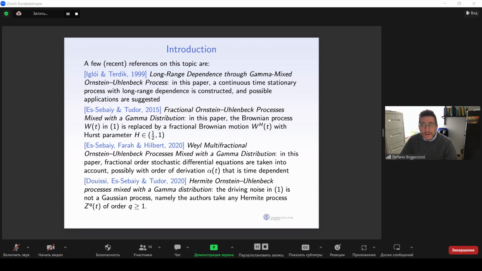And in these papers, they changed the kind of noise. So instead of having a Wiener process, they choose fractional Brownian motion and also more general noises like Hermite processes and so on. And also there is some result about the choice of different kinds of kernels.